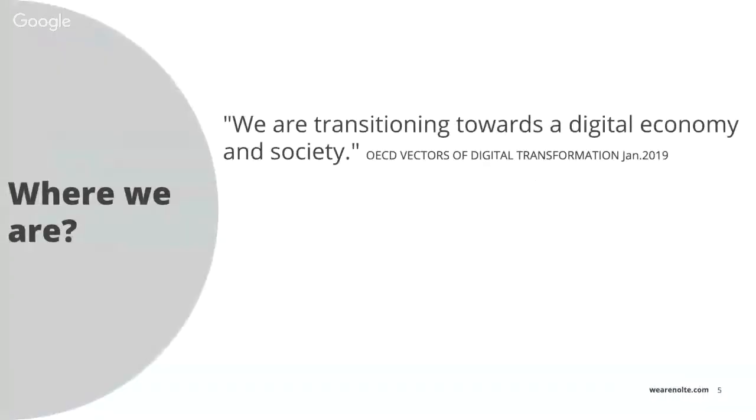But where we are at this point in our economy, based on an OECD paper that was published in January this year, they stated that we are transitioning towards a digital economy and society. That's really not news at all.